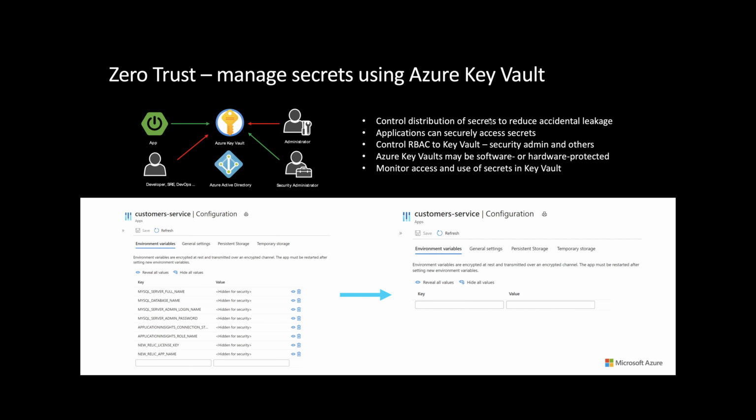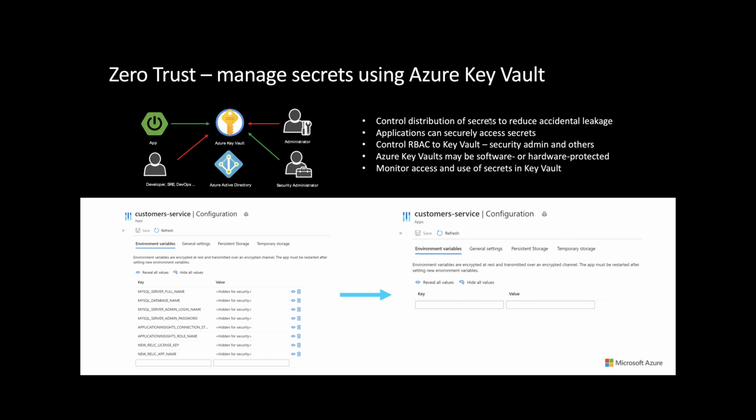So you can control the distribution of secrets to reduce accidental leakage by centralizing storage of application secrets. Only applications can securely access these secrets because everything is controlled using RBAC to the Key Vault. When an app is loading secrets, it will be authenticated and authorized using Azure Active Directory and Azure RBAC.